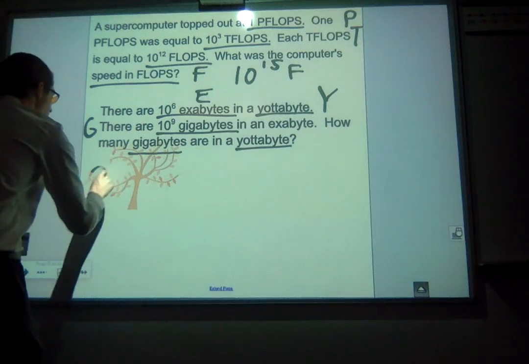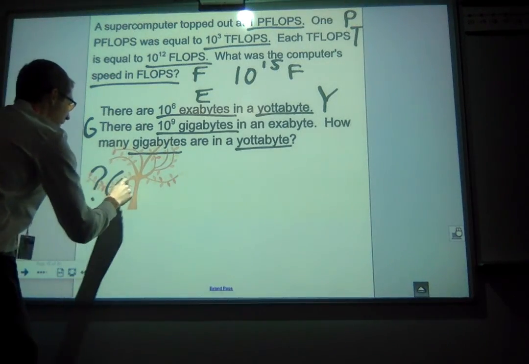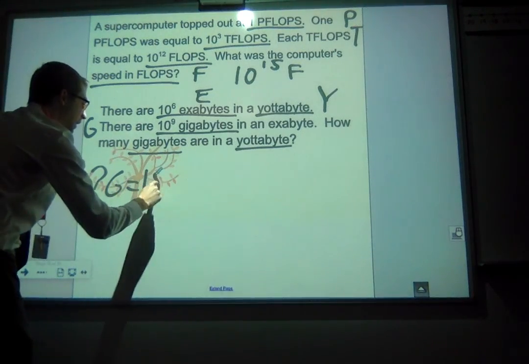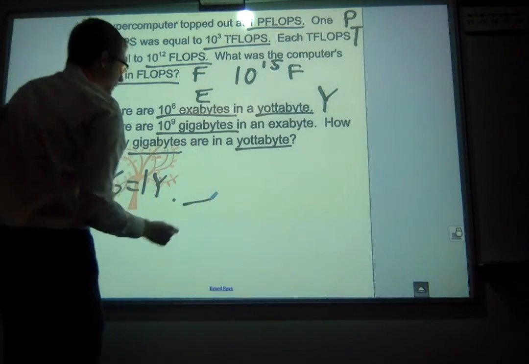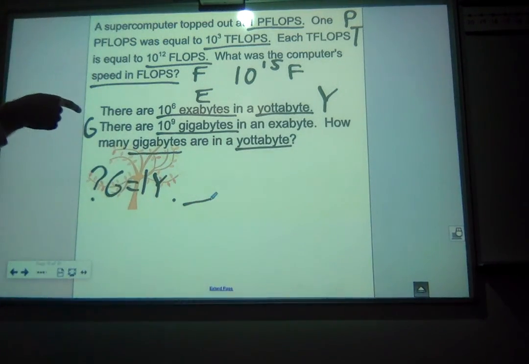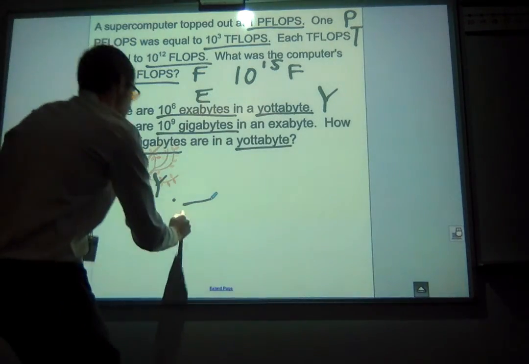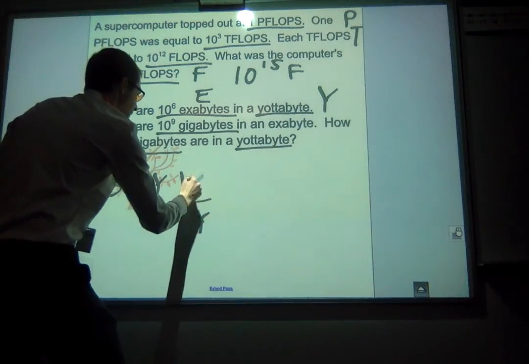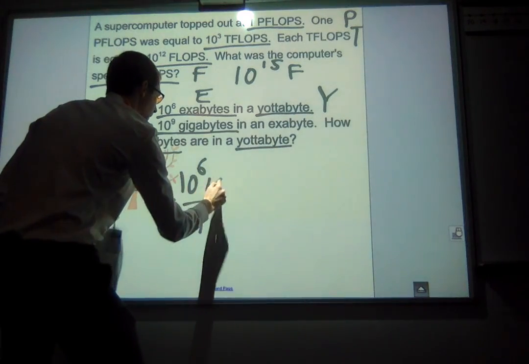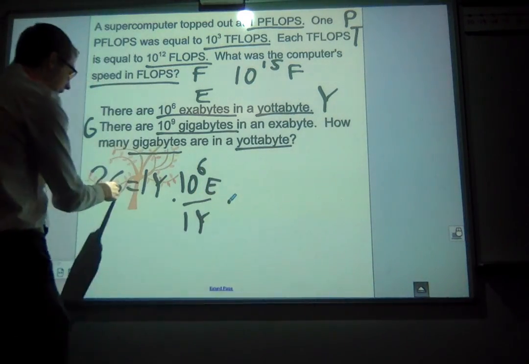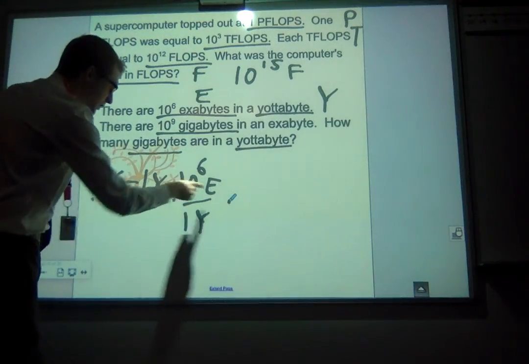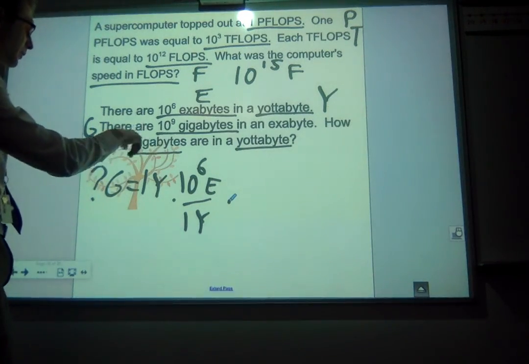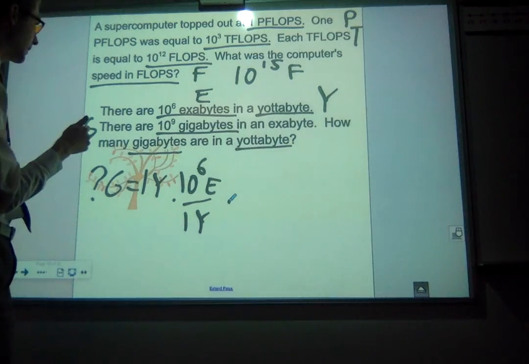So we want to ask, what are we looking for? We're looking for gigabytes equals 1 yottabyte. We want the yottabytes to cancel. So let's go ahead and get rid of yottabytes. In 1 yottabyte, we see from the first sentence, there's going to be 10 to the 6 exabytes. Again, we're trying to get gigabytes. So the yottabytes are going to cancel now. But now let's see if we can get rid of exabytes and replace that with gigabytes.